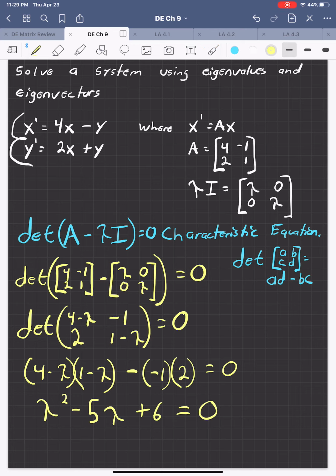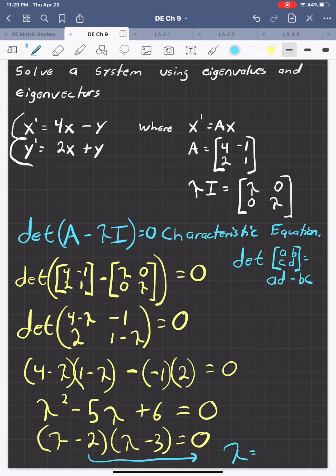This actually factors to lambda minus 2 times lambda minus 3 equals 0. And finally, let's make a statement. In this case, lambda is equal to 2 and 3. So what are these? These are your eigenvalues.